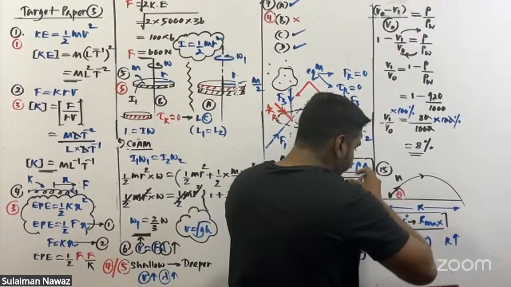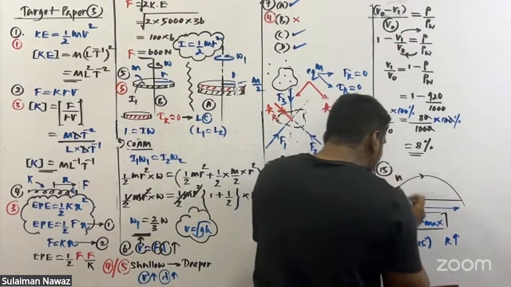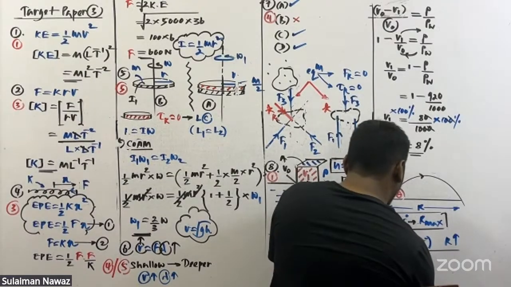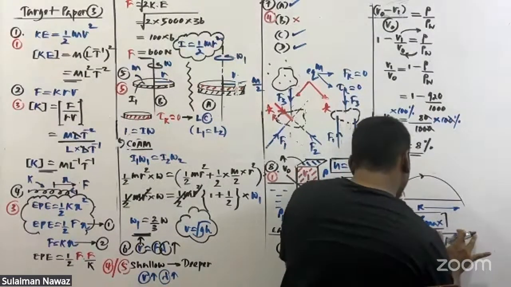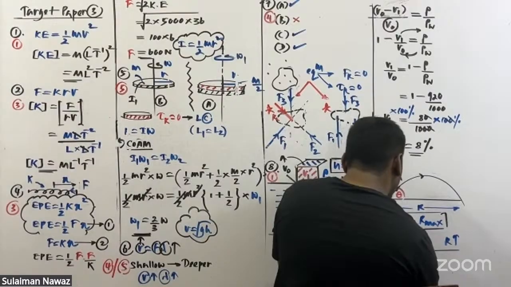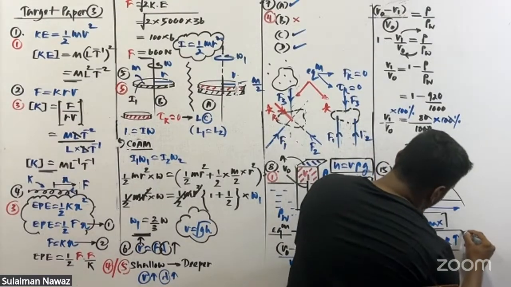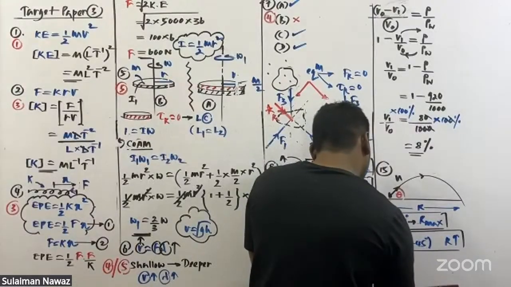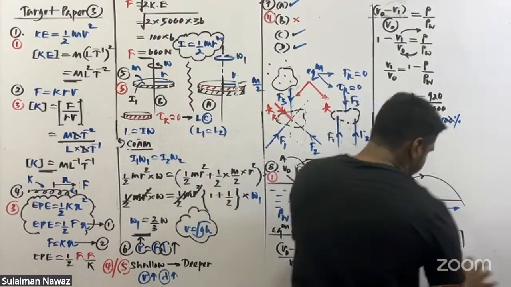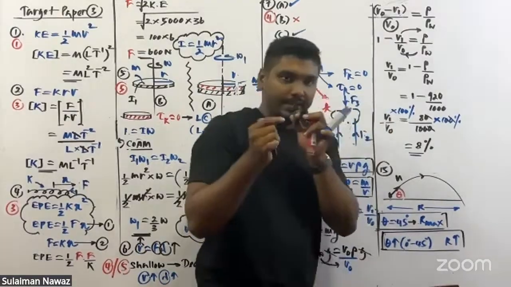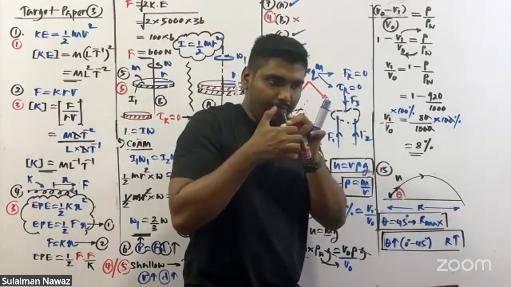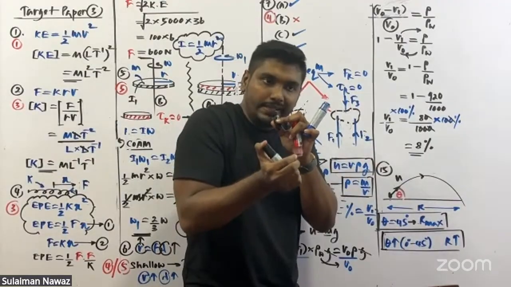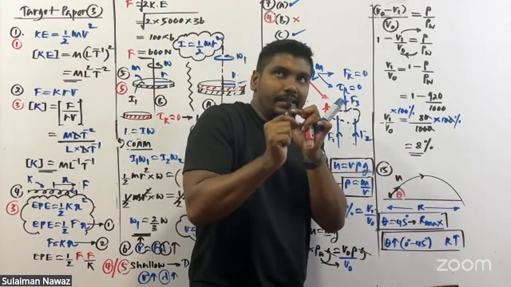Also, I told you that there are two possible projection angles for the same horizontal range. Let's say you are getting horizontal range R for the projection angle theta, you will get the same R for the projection angle 90 minus theta.